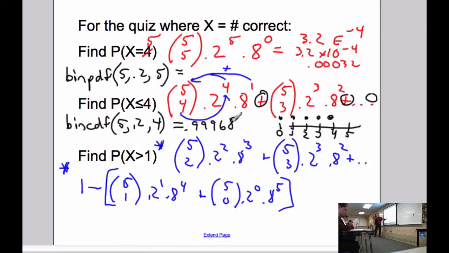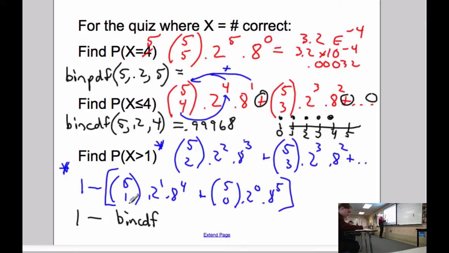So then what about the probability that x is greater than 1? CDF always finds from there on down. So what do I want to find? Binomial PDF or CDF? C, because it could be 1 or 0. But what do I have to do, 1 or 0? Subtract it from 1. Right? Isn't that what you did here?